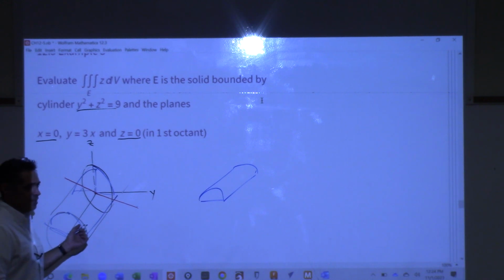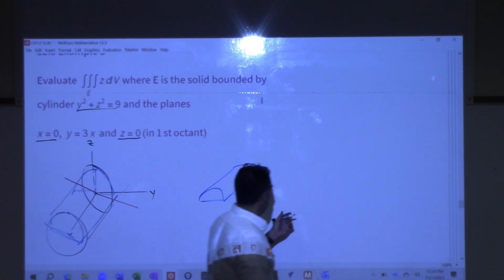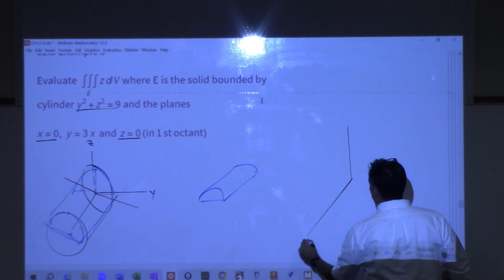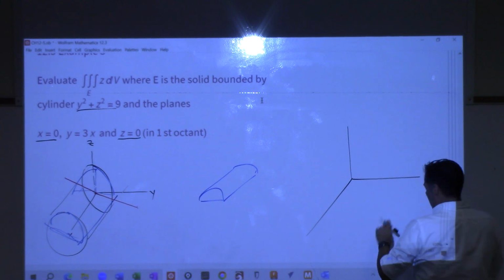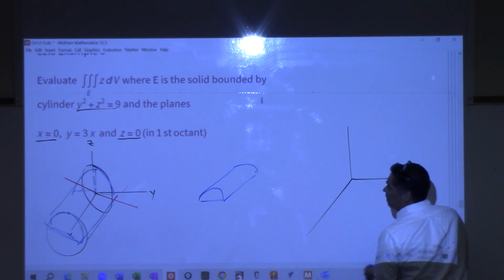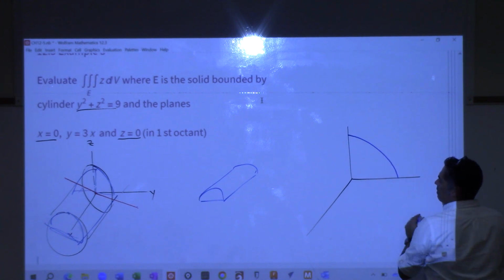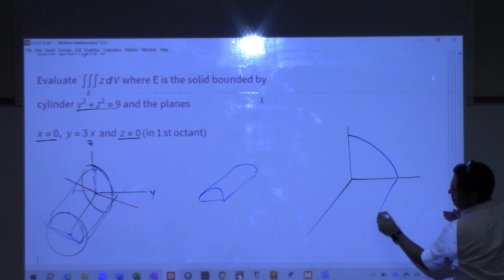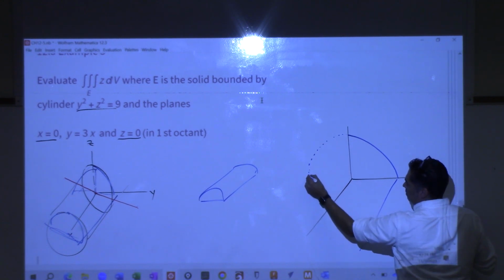This is hard to see. Let me try and zoom it in a little bit. So let's start with that blue piece coming like this, and then it goes like that. And it goes on the other side as well, like that, and then continues out that way.